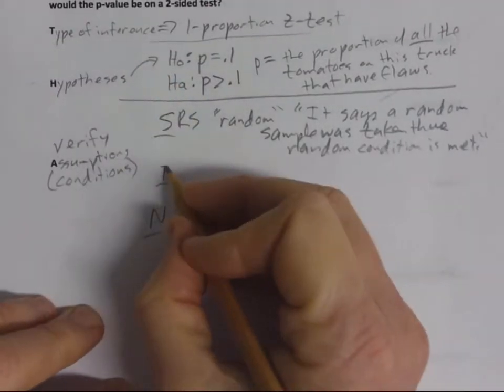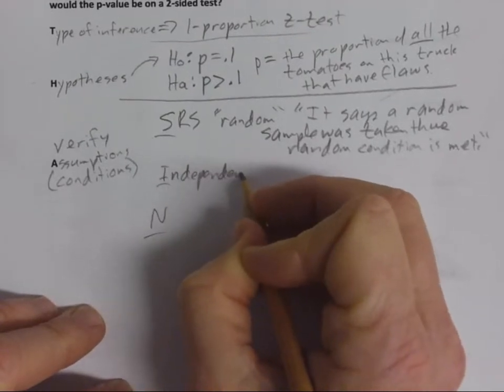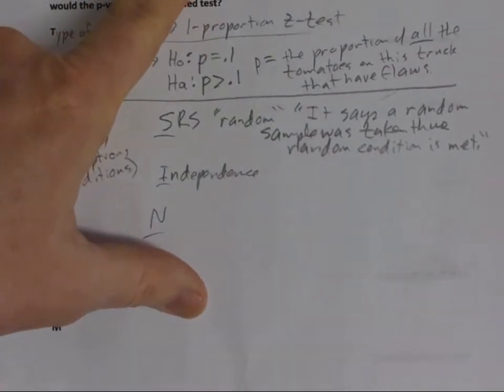The I, just like last chapter, is independence. Because we are not using replacement in general when we do sampling, our population has to be big enough that we aren't significantly changing it when we take these 300 tomatoes out.